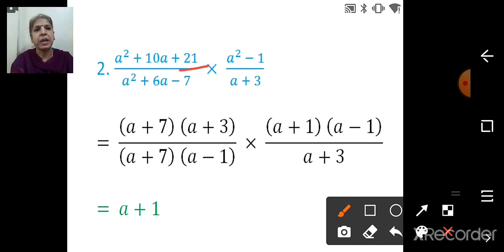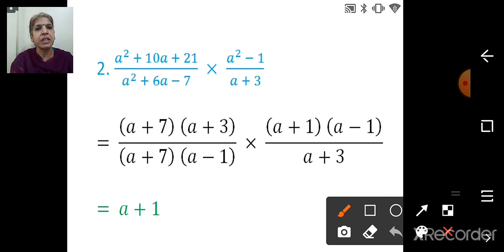Now see the product part. It is 21, and we know here the coefficient is 1. We are going to find the factors of 21, and see all are positive terms, so the factors will also be positive. Which factors will come? 1 into 21, is that the factor?